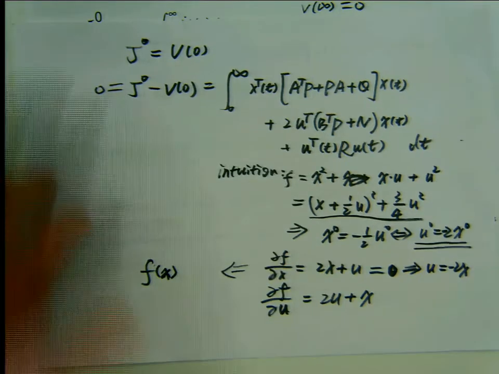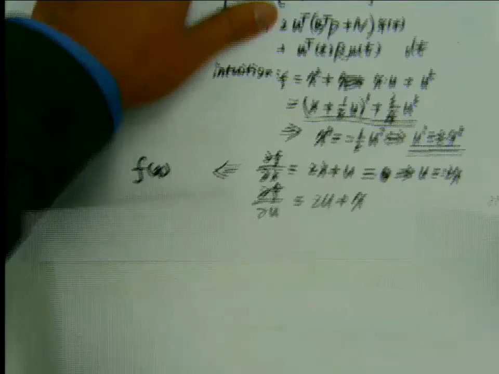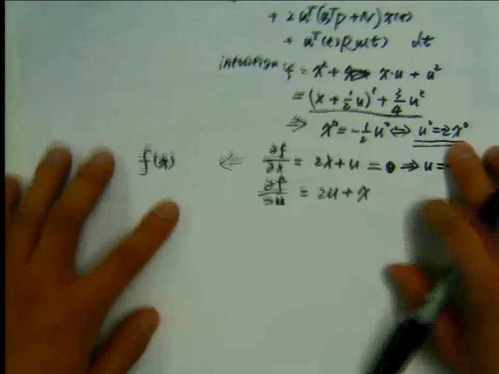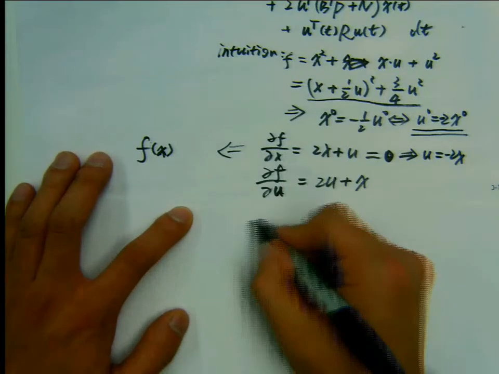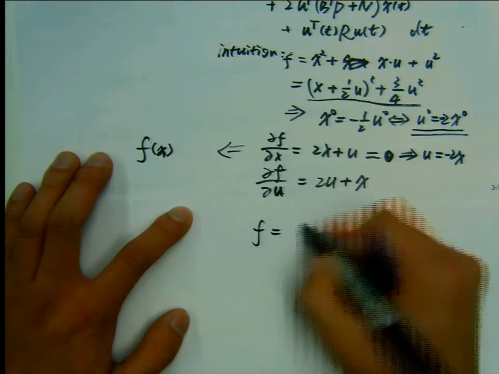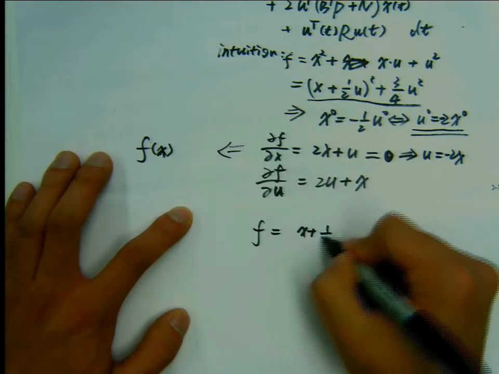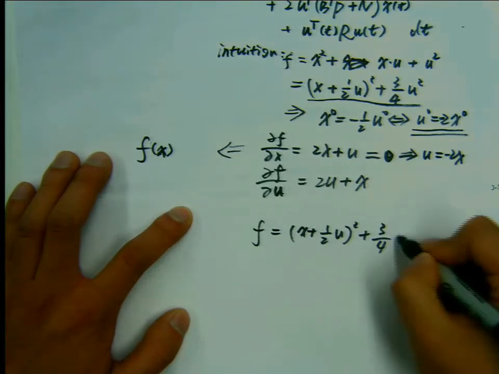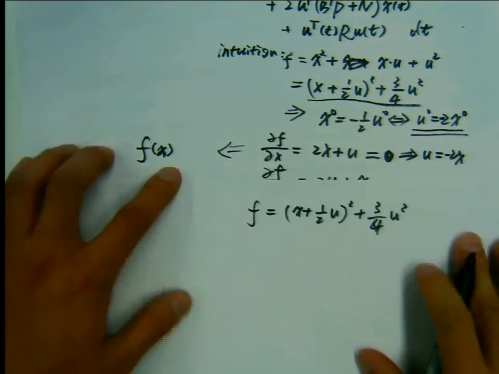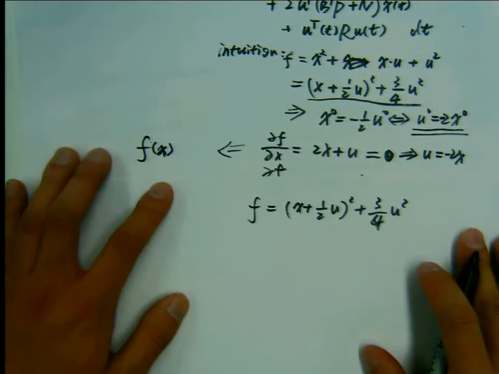So let me do one more step and see where we're going to go beyond this. So I'm going to have f equals (x plus 1 divided by 2) square plus 3/4 u square. And we want to minimize this.